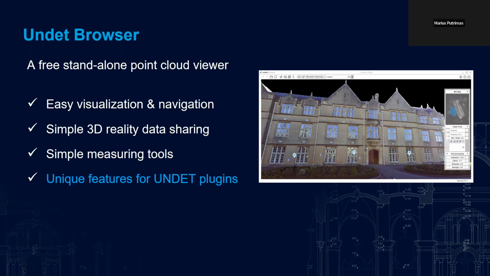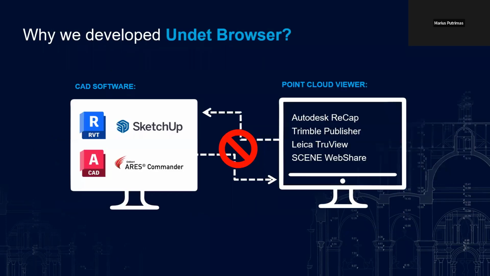Okay, so in the market, there are a lot of viewers: Autodesk Recap Viewer, Trimble Publisher Viewer, Leica TruView, Scene Viewer. But there's one problem. Usually when you're working with point clouds, you are using two screens. One screen with the CAD software, Revit, AutoCAD, or SketchUp, and another screen with some kind of point cloud viewer, just to see how the point cloud looks as a panoramic image.